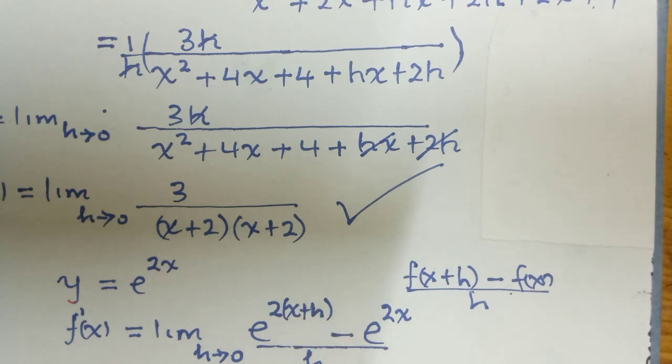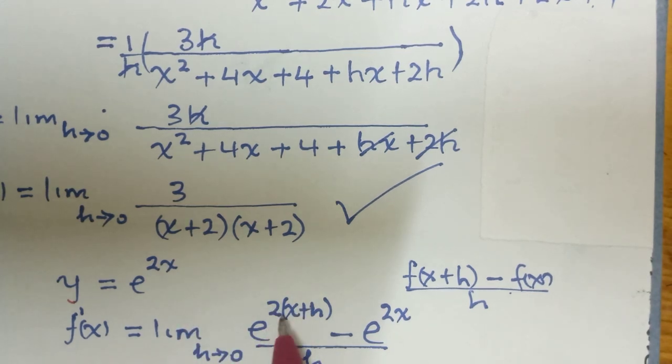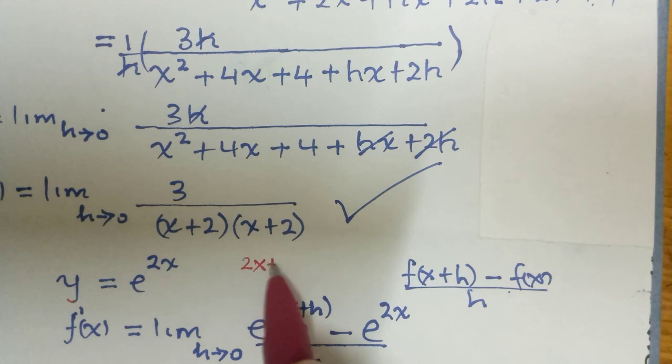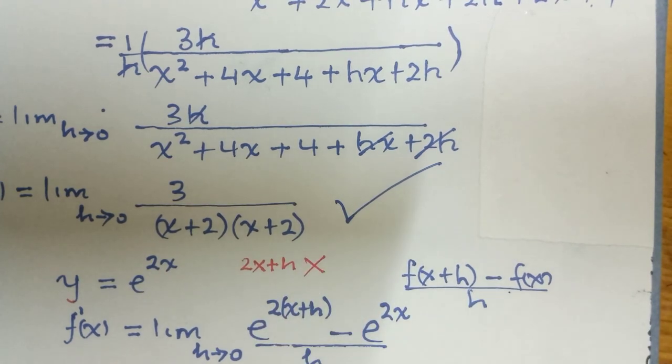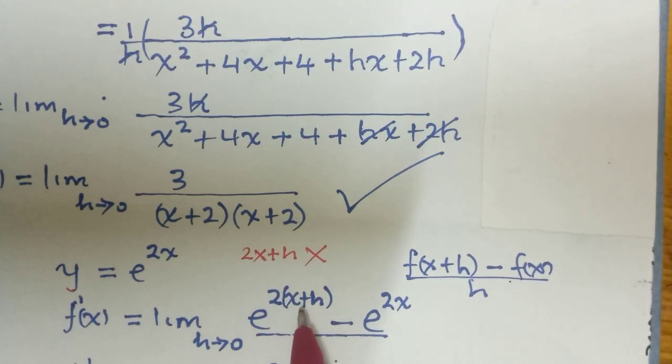So you need to make sure that we are not adding h to 2x. We are adding h to x, and that's why I have written 2 into bracket x plus h. Otherwise, if you write like this, 2x plus h, that is incorrect. So you have to write like this, 2 into bracket x plus h.